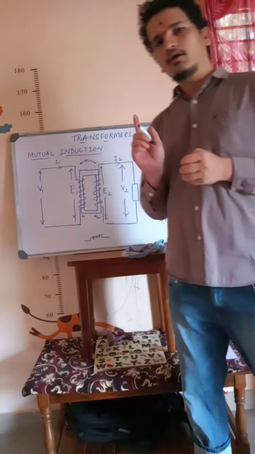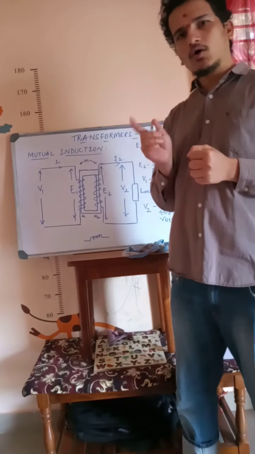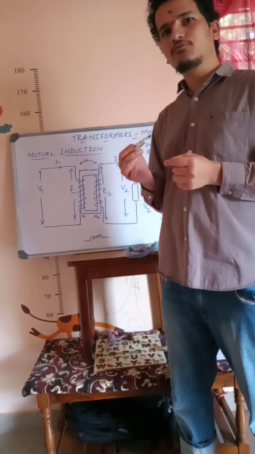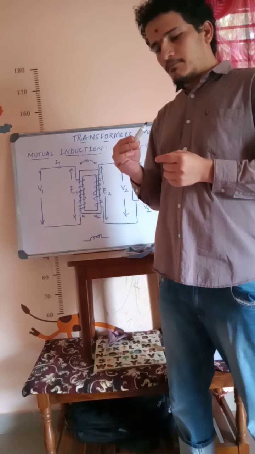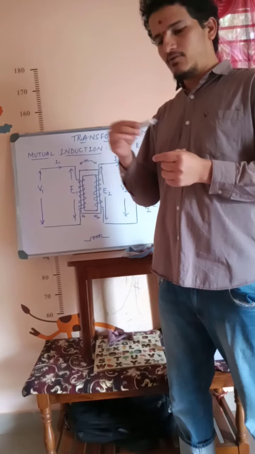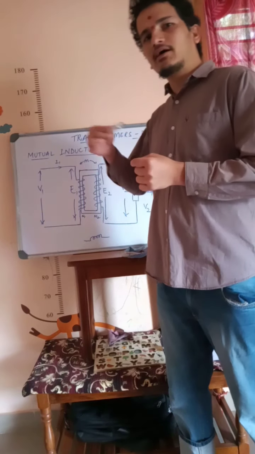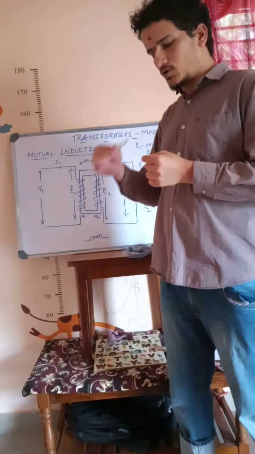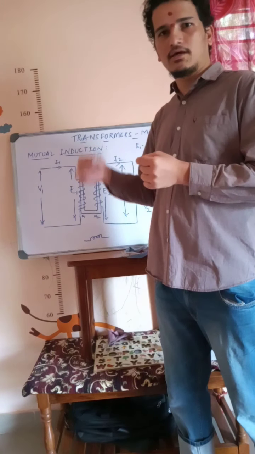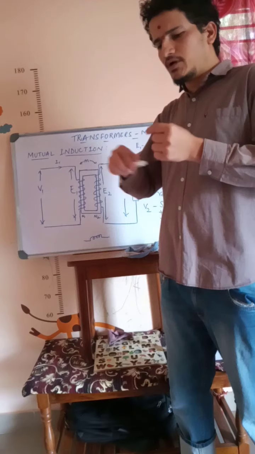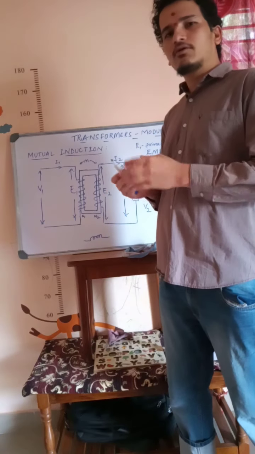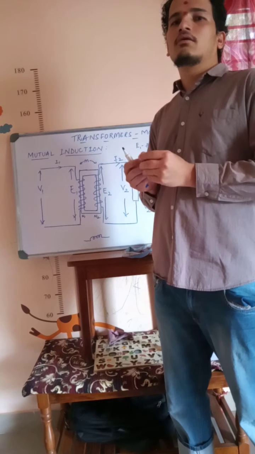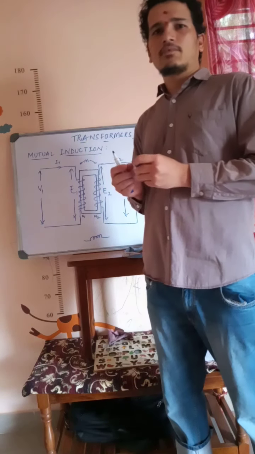A coil is formed by winding a wire into a number of turns on a magnetic core material.